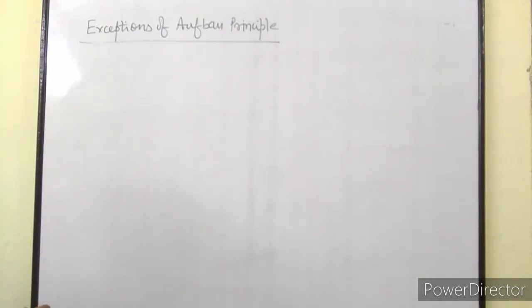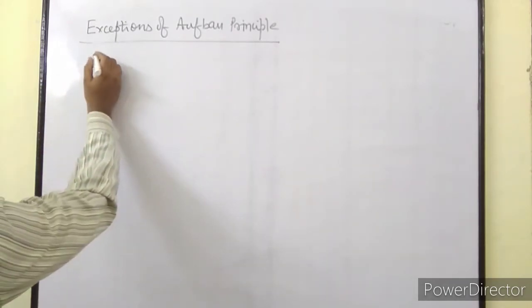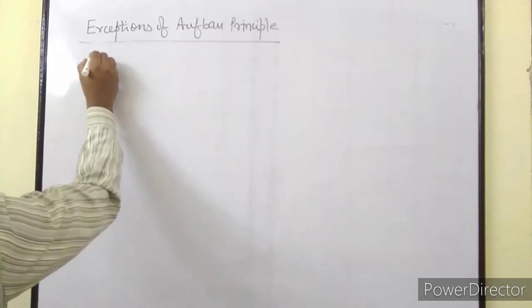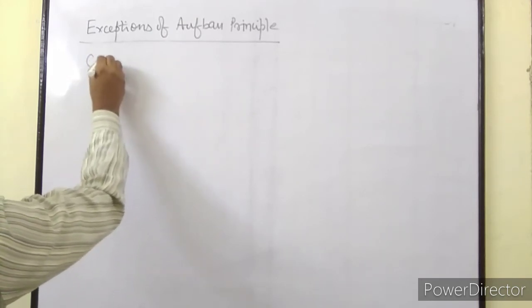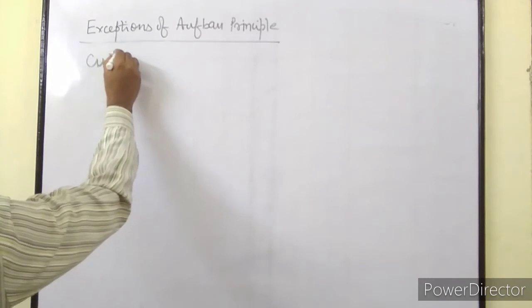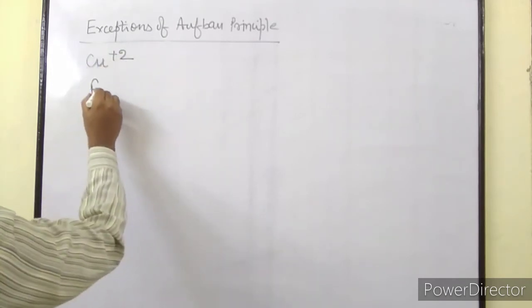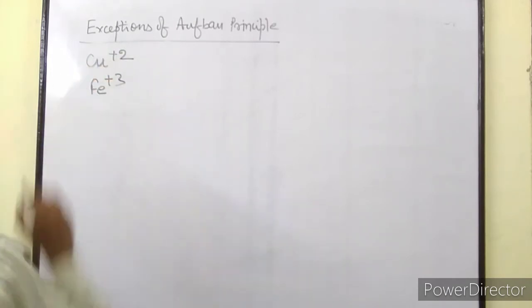Two important questions are here. Suppose we have to find out the electronic configuration of copper 2 plus and iron 3 plus.